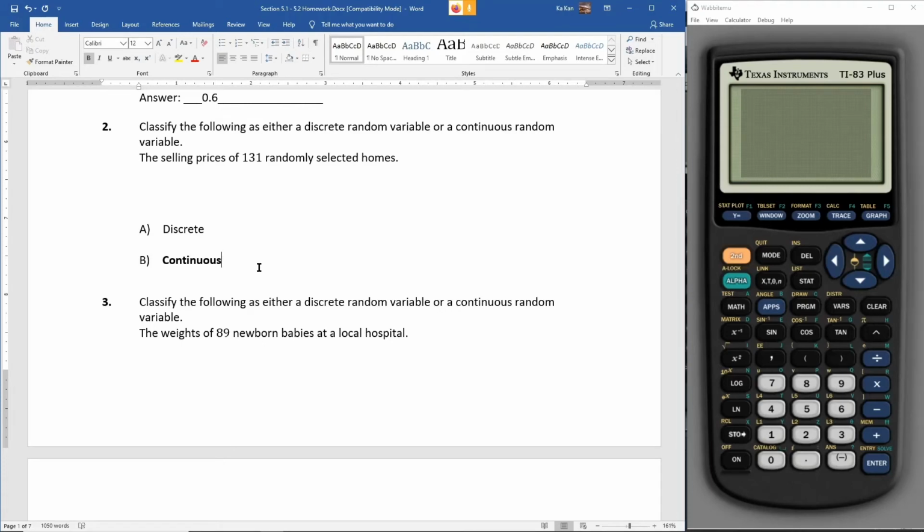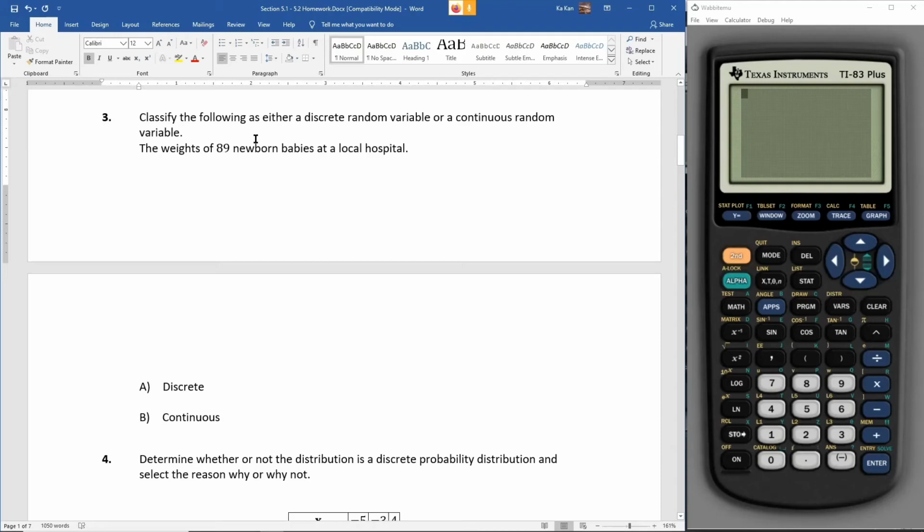You can sell for $1 above, so you can always find something just a little bit over or a little bit lower. It's a continuous variable, so not discrete. Discrete would be how many houses you sold last year as a real estate agent. You cannot sell half a house. You have to sell 1 or 2 or 3.